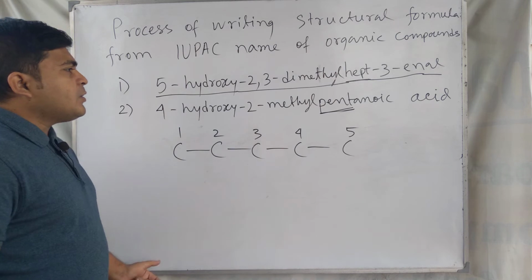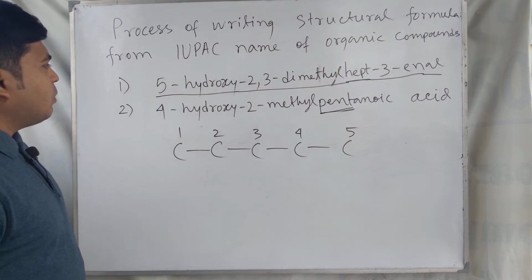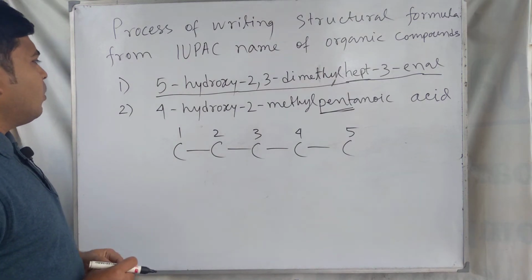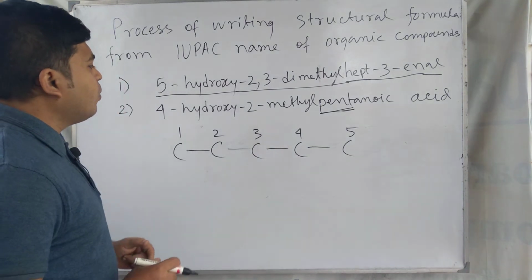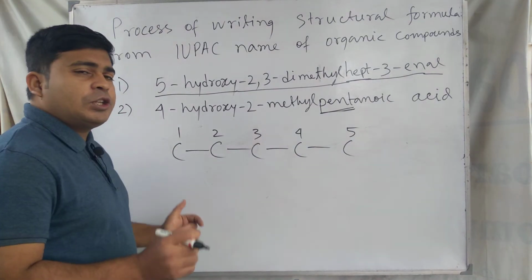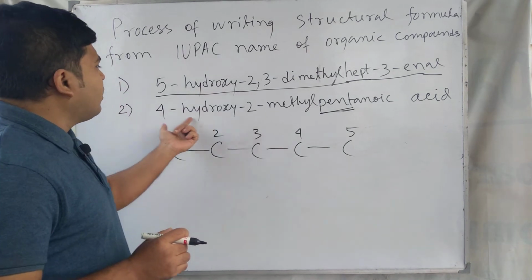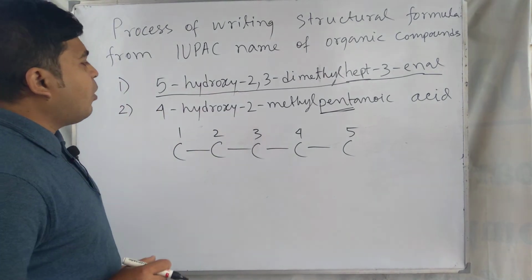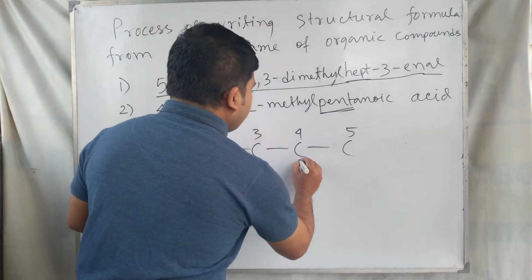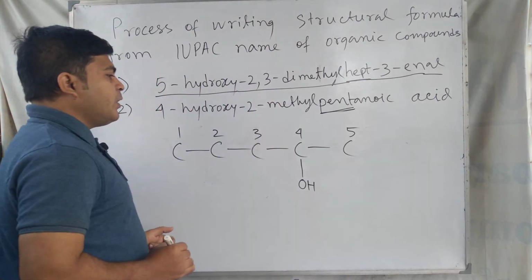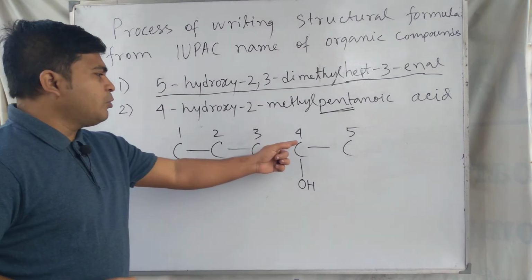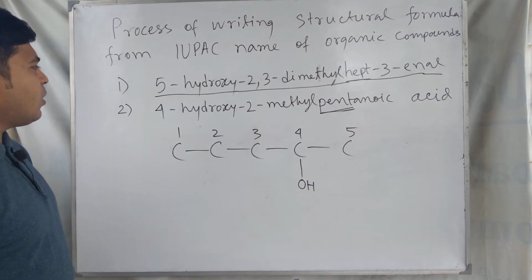Okay, next we have to do the position of the substituents. We have to place the substituents in the positions, like 4-hydroxy means the 4 position is this one. A hydroxy group is substituted at the 4 number carbon atom.